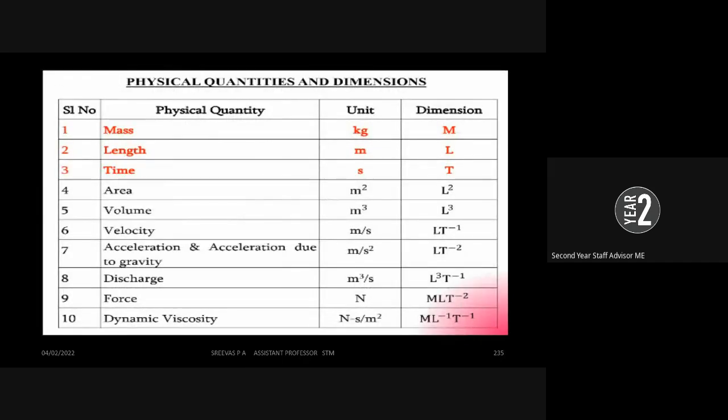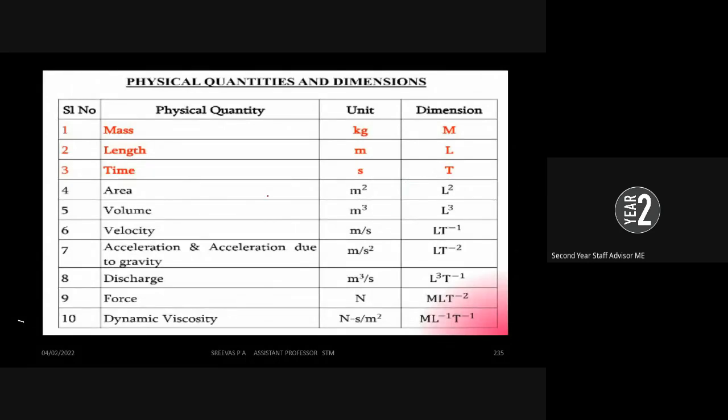These are physical quantities and their units and dimensions. The three quantities shown in red color are fundamental quantities: mass, its dimensional formula is M, then length, dimensional formula is L, and time, its dimensional formula is T. Then these all are derived quantities.